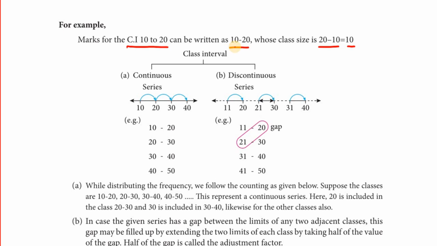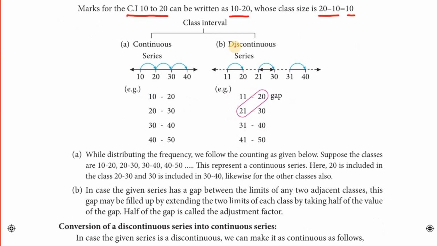So class interval can be a continuous series like this, 10, 20, 30, 40, or it can be a discontinuous series like 11 to 20, 21 to 30, 31 to 40. See, 10 to 20, 20 to 30, there is no gap. So that's why it's called continuous. Whereas there is a gap between 20 and 21 in this discontinuous series.